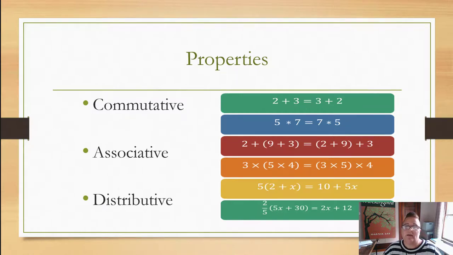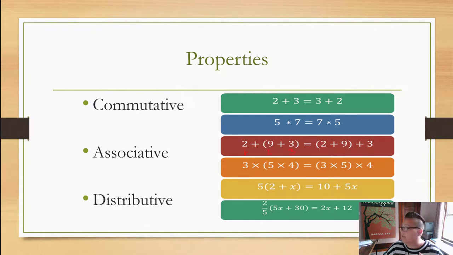So you'll see you have 2 plus the quantity 9 plus 3, that this is equal to the quantity 2 plus 9 plus 3. Notice that the order of the numbers did not change. I have 2 as my first number, 9 is my second number, and 3 is my third number.